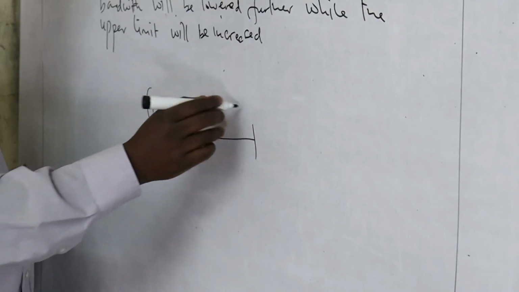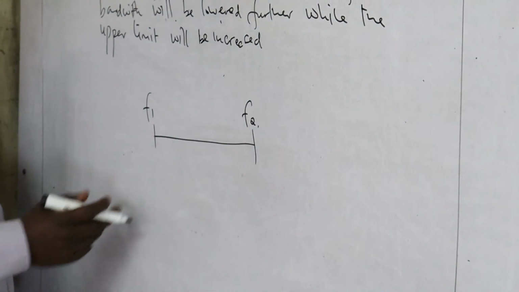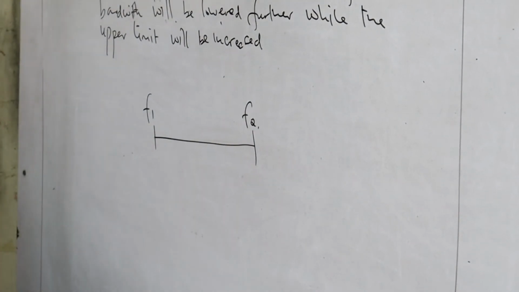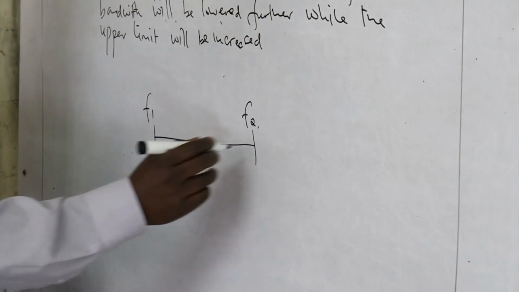This F1, F2, whereby F1 and F2 are the limits of the operation before the feedback.